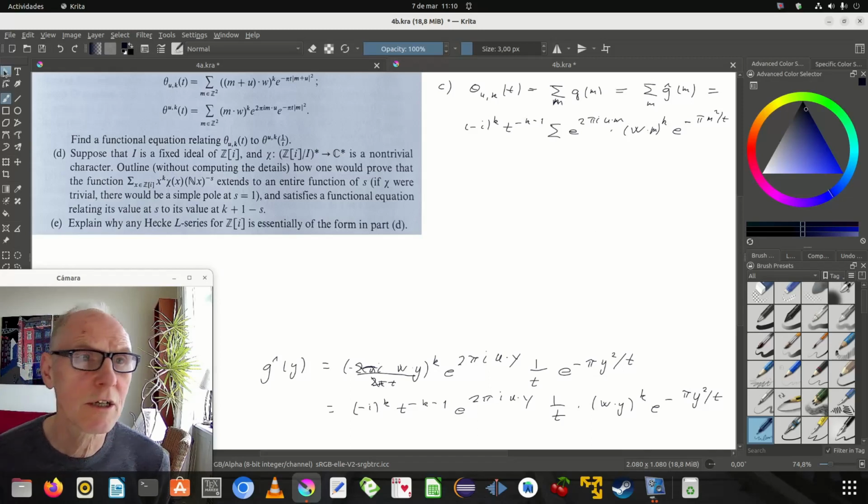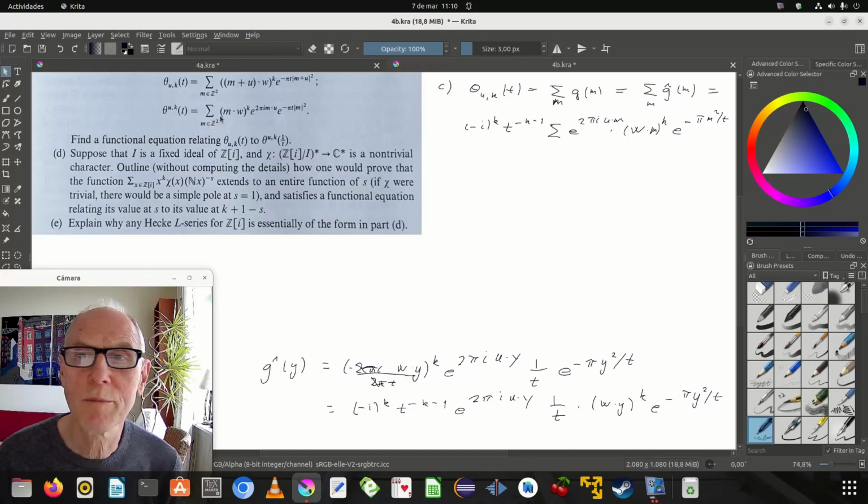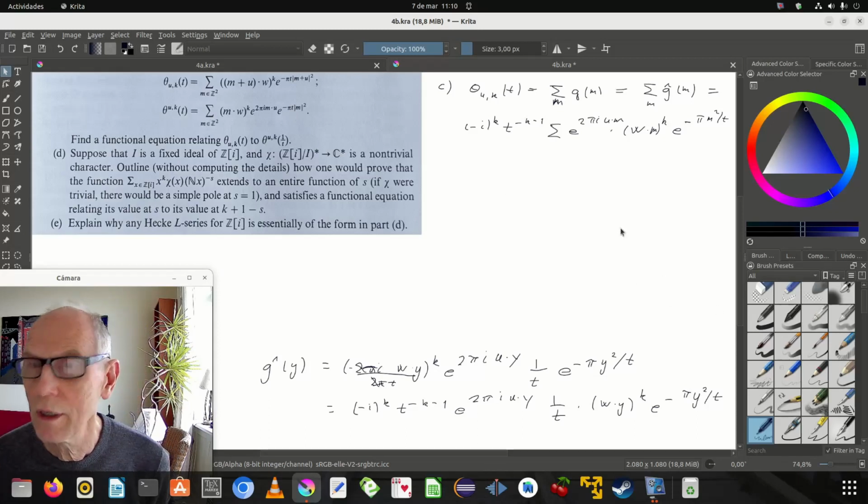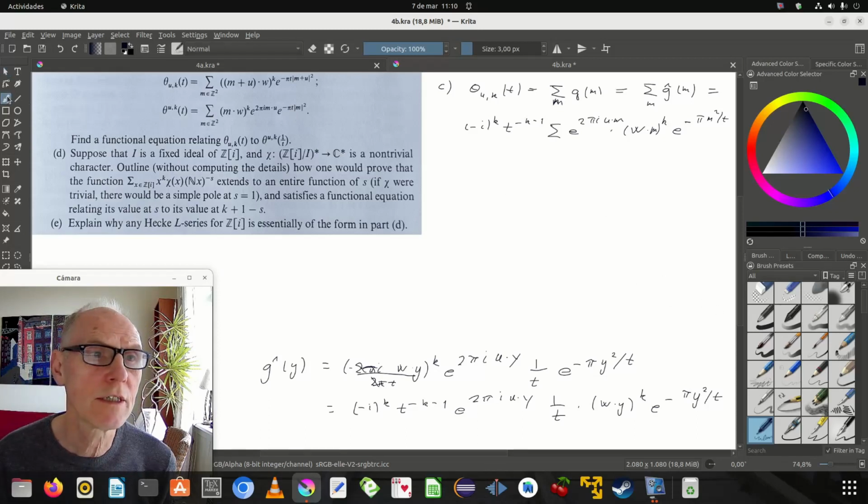And now we shall compare that with the sum here. That agrees, and that agrees, except we have the reciprocal. That's nice.